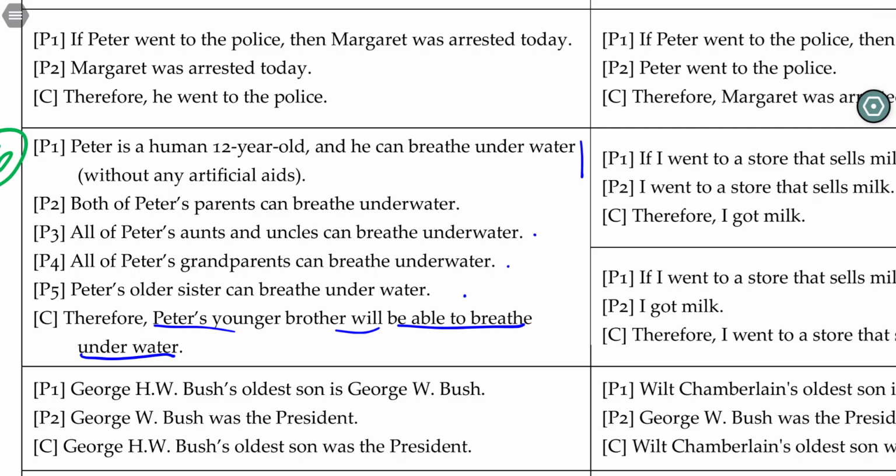In this case we have 5 premises. If the premises are true, does the conclusion have to be true? No, so the argument is invalid. But if these premises are true, is it probable or even very probable that the conclusion will be true? There the answer is yes, so the argument is inductively strong.